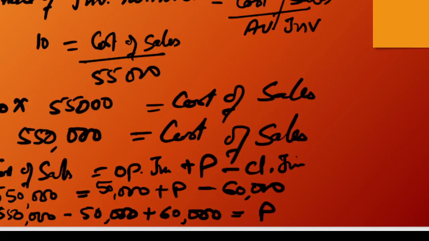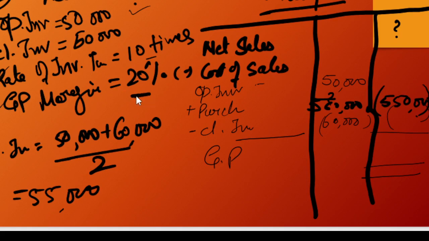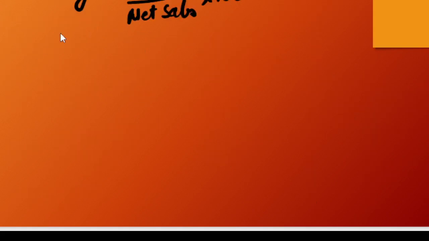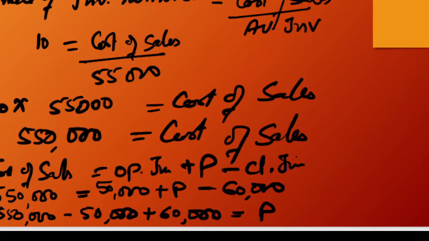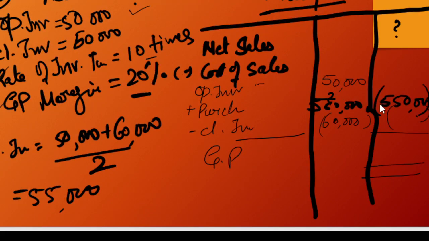Now by using GP margin, moving forward, you know this thing, right? What is the formula for GP margin? GP margin is GP upon sales, or you can say net sales, into 100. GP margin is given to you in the question, which is 20%. So we are going to use that 20 this side. Now you don't know GP, right?